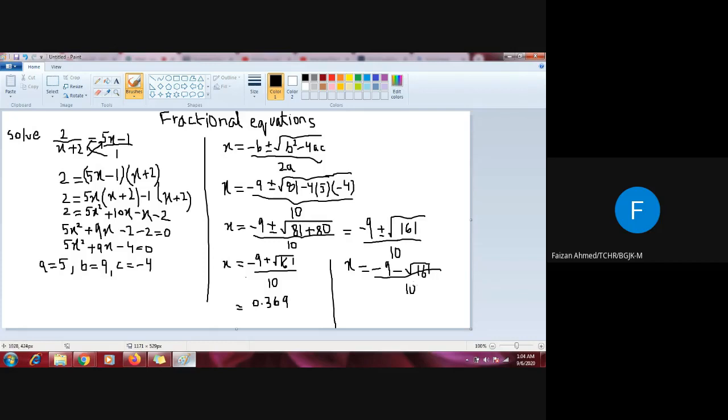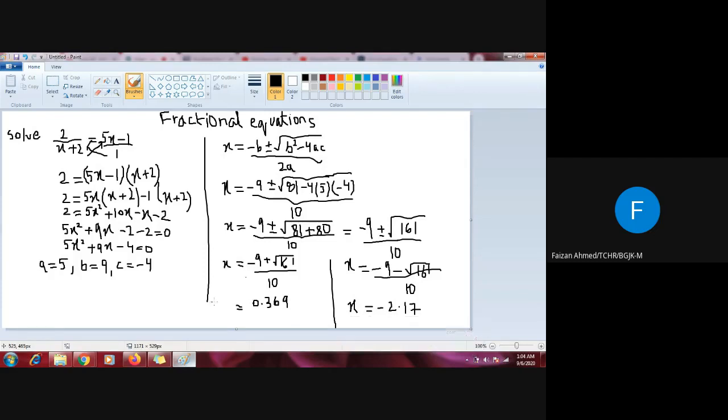And that answer will be equal to minus 2.17. You can check these answers on your calculator. This will again be around 12 point something, and when we add it will be 21.7, so when we divide it will be 2.17. So my two answers are basically 0.369 and minus 2.17.